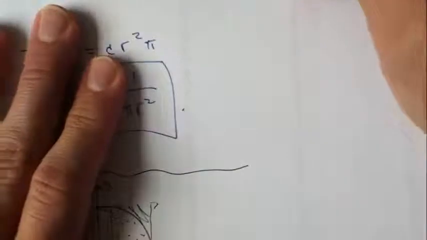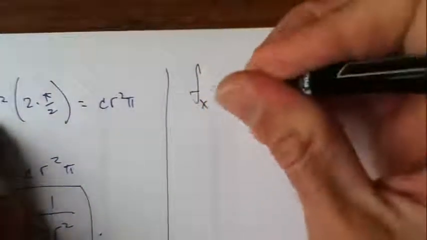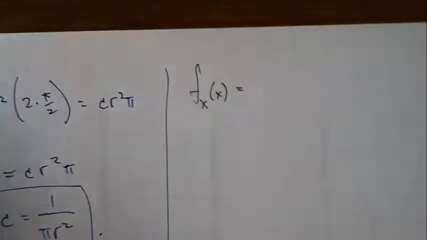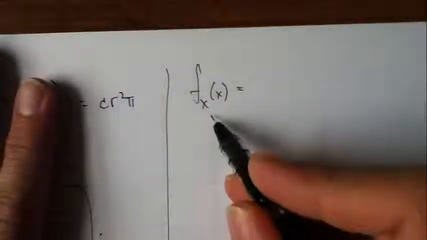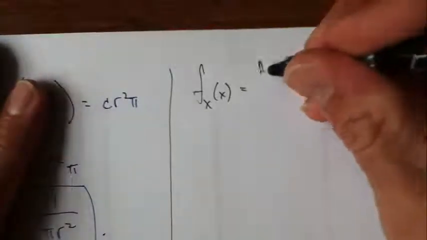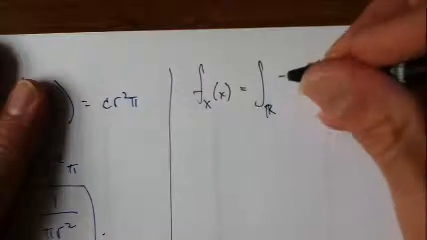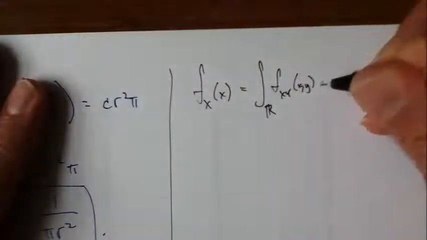Well, I'm glad you asked. Here's how we can get this. The density function for x, which we'll call the marginal density function for x, simply because we know there's this other random variable out there, is obtained by integrating over all the reals the joint density function for the two variables, but just with respect to y.